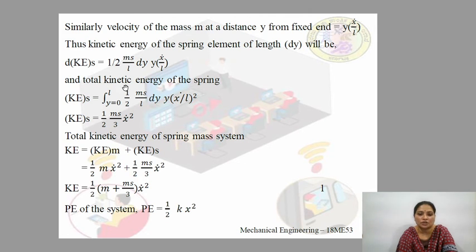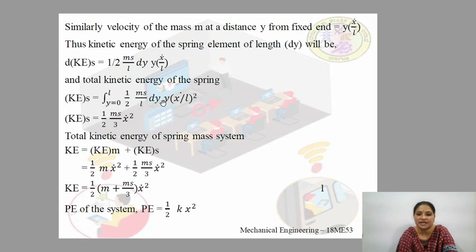Therefore, the total kinetic energy of the spring will be the kinetic energy of the spring when the length varies from 0 to L. So integrating the above equation between the limits 0 to L: 1 by 2 ms by L into dy and the velocity y into x dot by L whole square, half m v square.